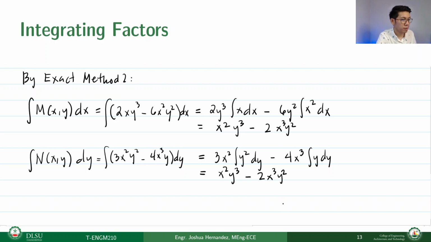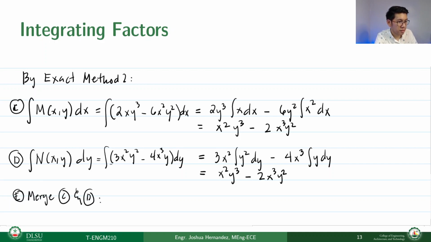Now that we have both of our M and our N, we move on to our next step. We can call this step 1 or step C. Recall, this is step D. And now step E is to merge C and D.